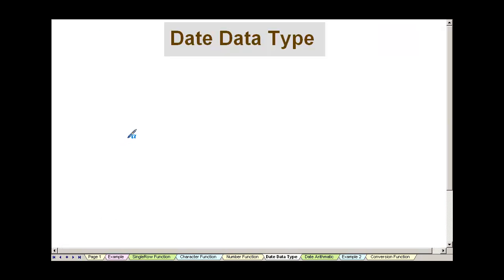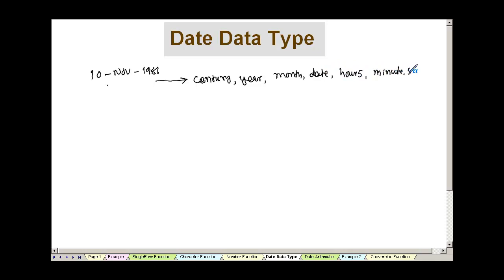But what Oracle does internally is that Oracle stores the date in a numerical format. Whatever you see, like 17 November 1981, all this data is stored in a numerical format, starting with century, year, month, date, hours, minute, second.